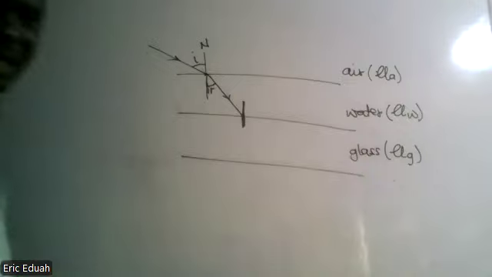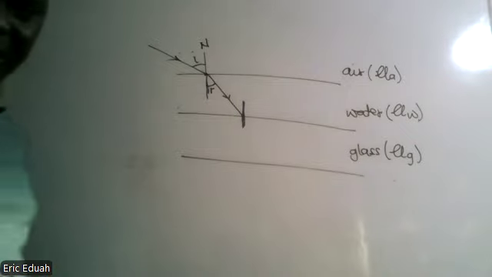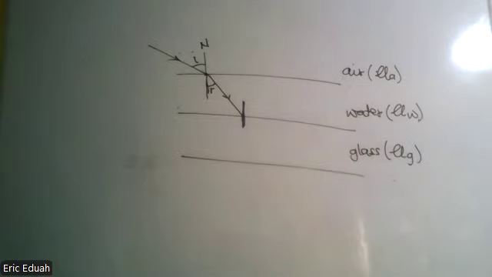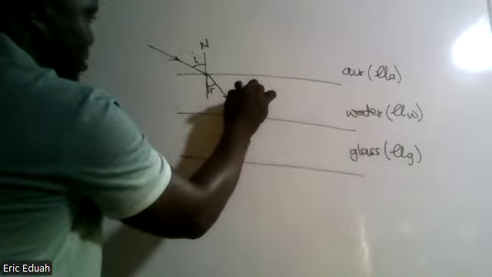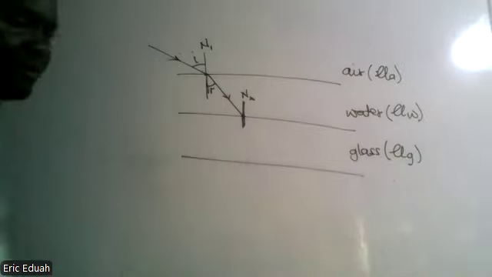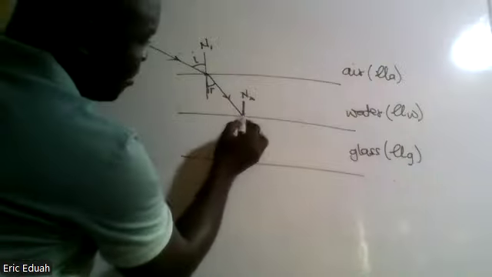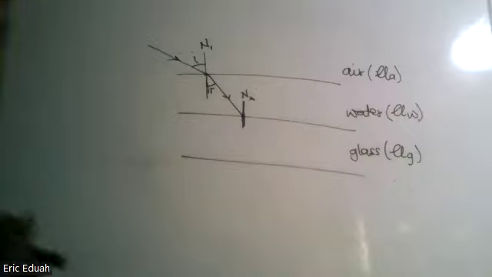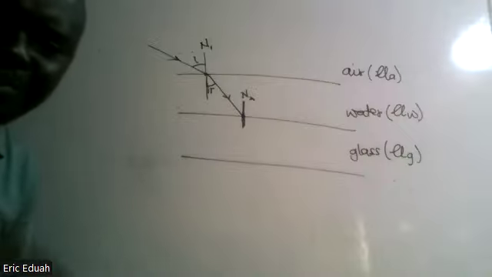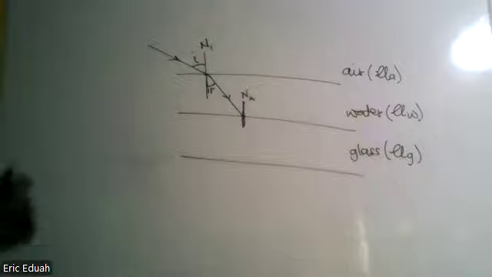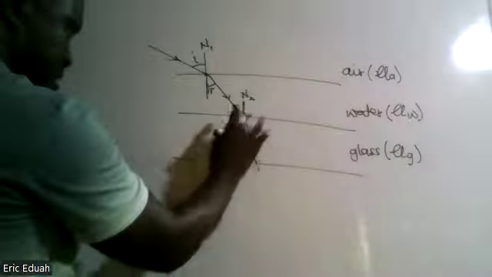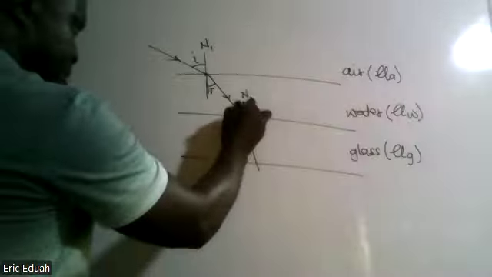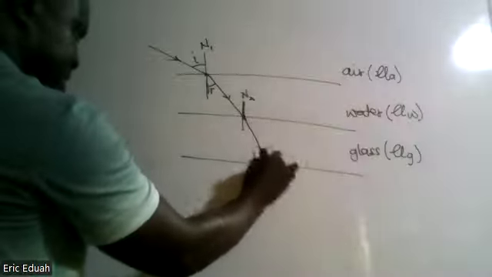Okay, that's why I said refraction occurs at the boundary. So this is a second normal, N2, N1. From water to glass, light bends towards the normal, the more R reduces.